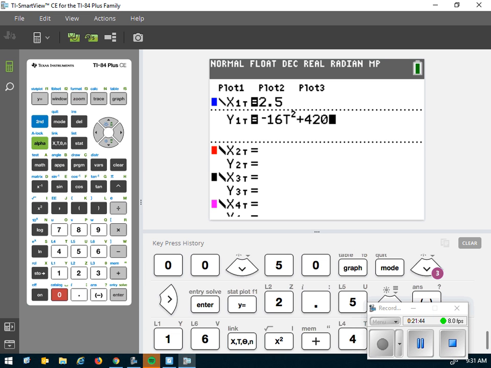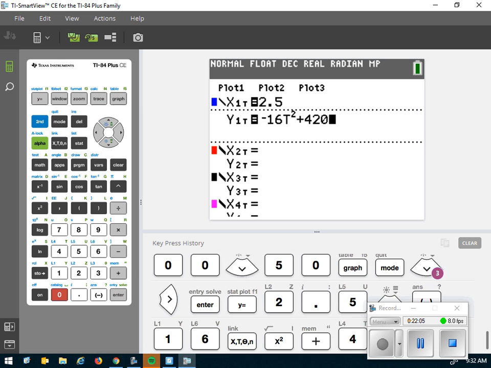Now, before you graph, I want to explain to you what this 2.5 is. If a rock is being dropped, it's not moving this way, is it?